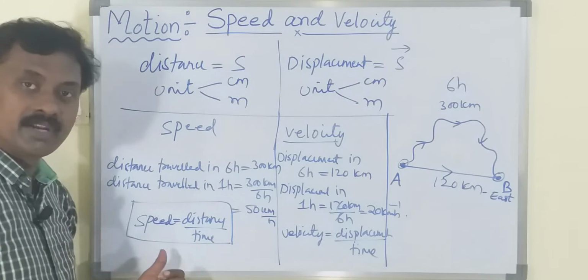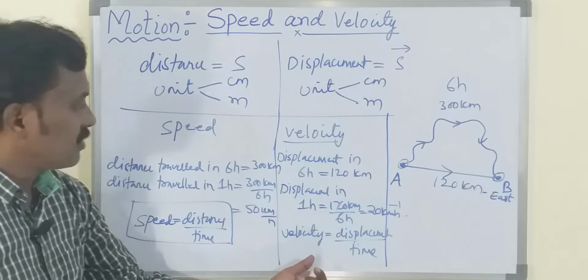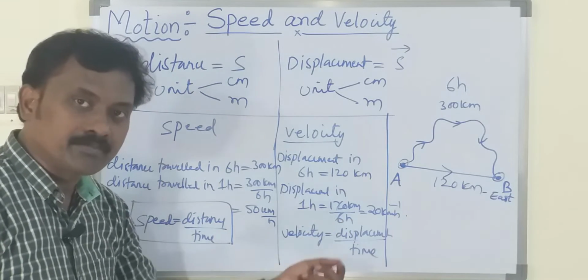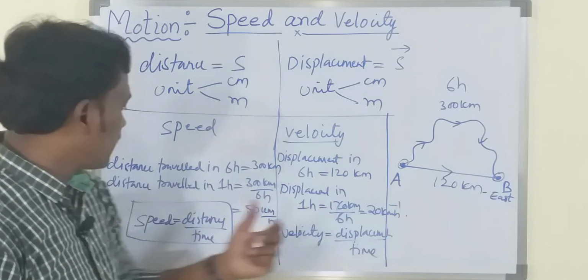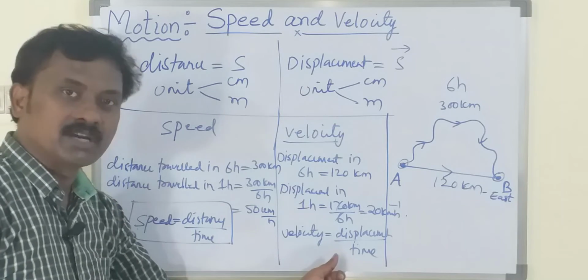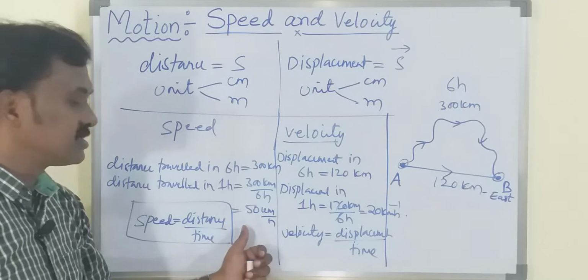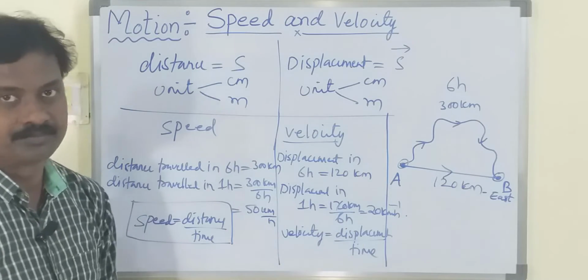So, speed is defined as distance traveled per unit time, and velocity is defined as displacement per unit time. The example is same here. Now, the speed and velocity values are different. Speed is 60 km per hour, whereas velocity is 20 km per hour.